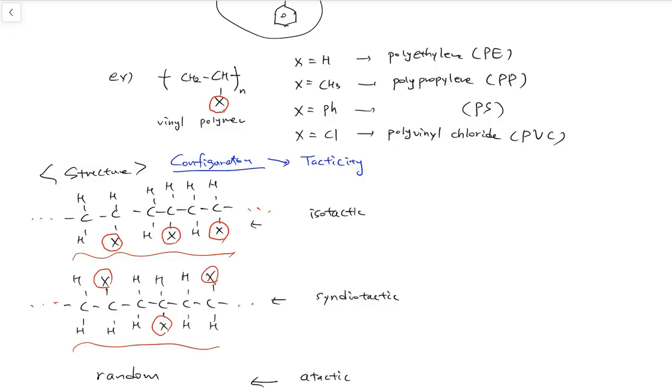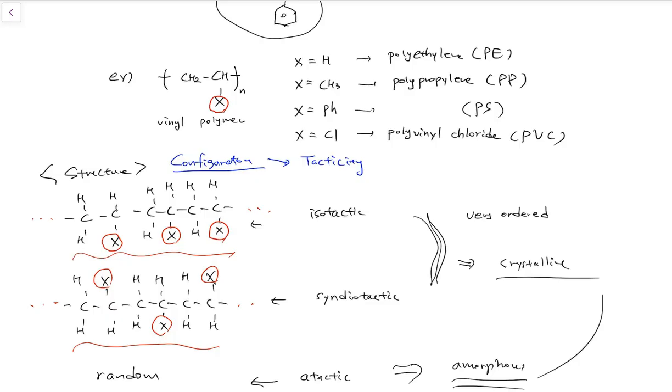Isotactic or syndiotactic polymers have very ordered arrangements of the substituents X compared to the random one. These isotactic or syndiotactic structures afford crystalline structures, and we'll get back to that later. The random position of X gives us an amorphous polymer. We'll get back to this point later.